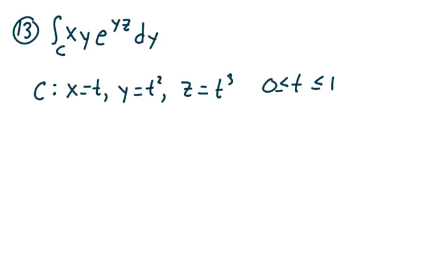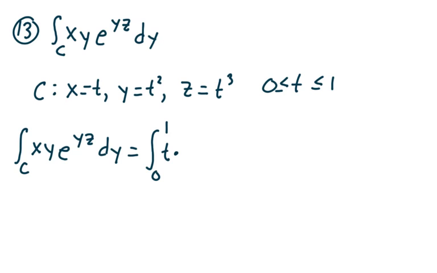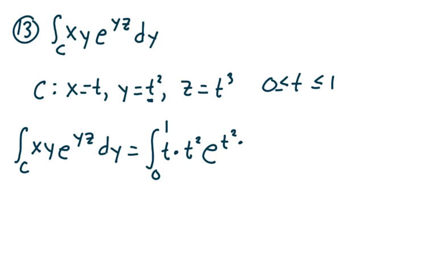So in this problem, the integral over c of x, y, e to the yz dy is the integral from 0 to 1. X is t. Y is t squared, right? E to the yz, which is t squared times t to the third, times dy, which is 2t dt.